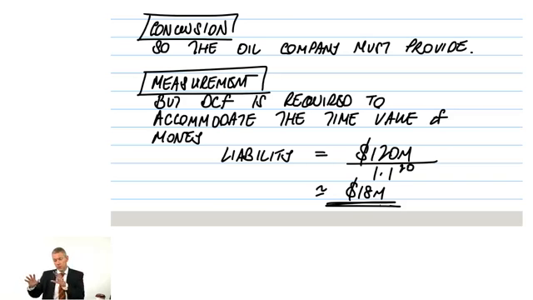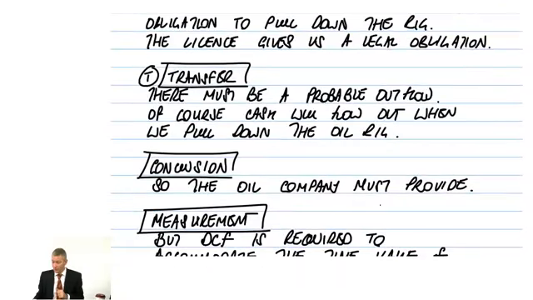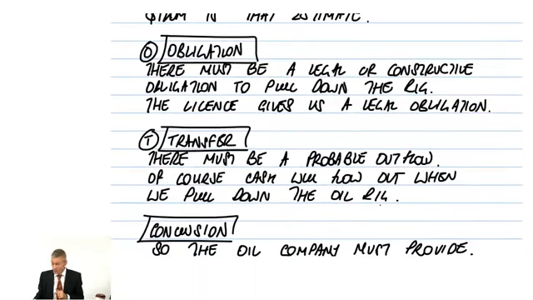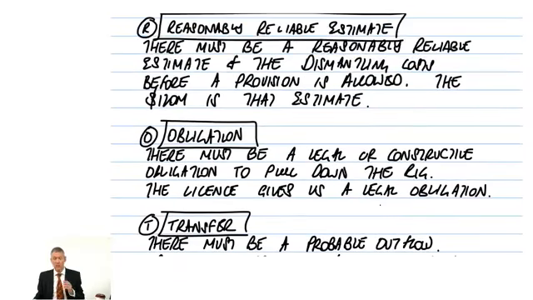But in question 2 or 3, in the mixed questions, there are 3 modes of communication. Essentially, it's heading, sentence, sentence, heading, sentence, sentence, and heading, sentence, numbers. Can you see it over my shoulder? The one just above, transfer, and the one above that, obligation, and the one above that, reasonably reliable estimate. They're just heading, sentence, sentence.